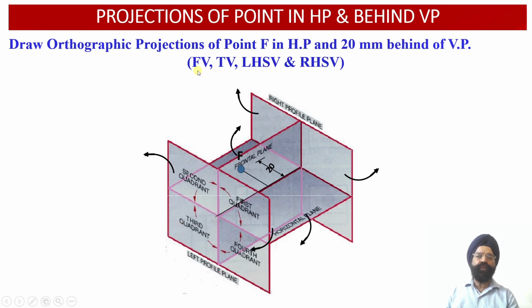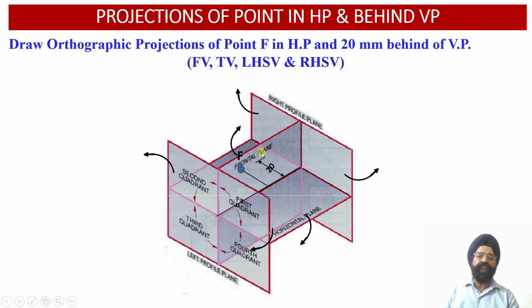Now as we are going to obtain the front view, top view, left hand side view and the right hand side view orthographic projections of this point F onto different reference planes, we observe that the projections obtained onto the horizontal plane, vertical plane, left profile plane and the right profile plane will be available on mutually perpendicular reference planes.